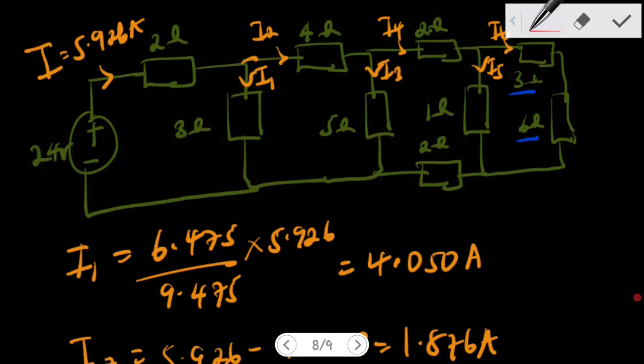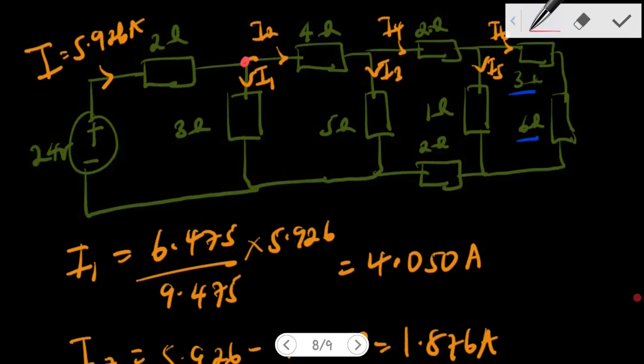So 2 times 5.926 gives us 11.852, right?